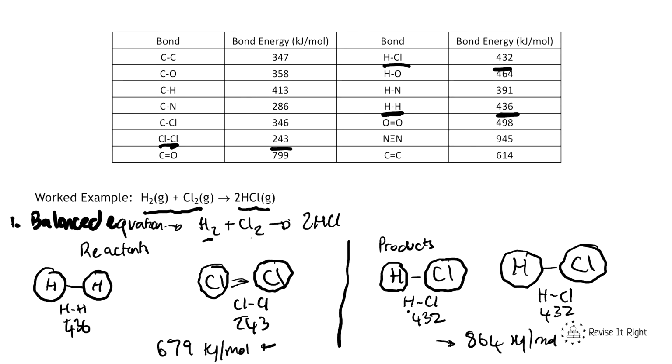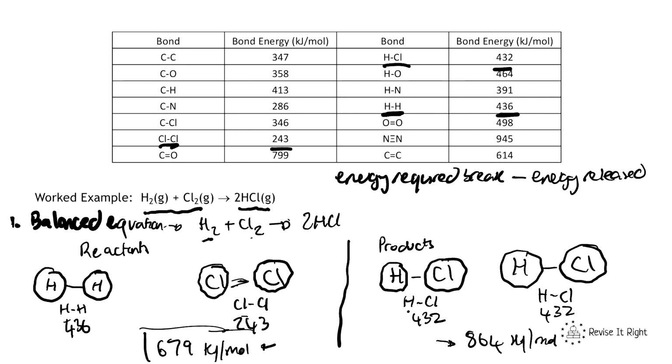Now to work out the difference, what we have to do is we have to do the energy required to break the bonds of the reactants minus energy released when we form the new bonds. So that's energy of the reactants, take away energy of the products. So 679 minus 864.